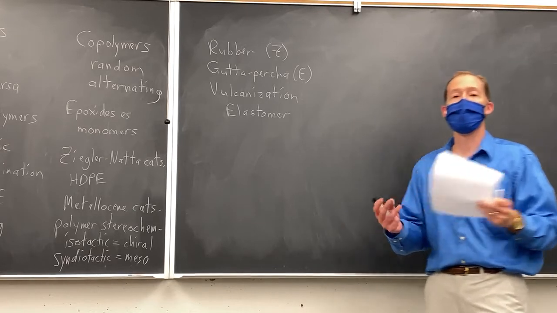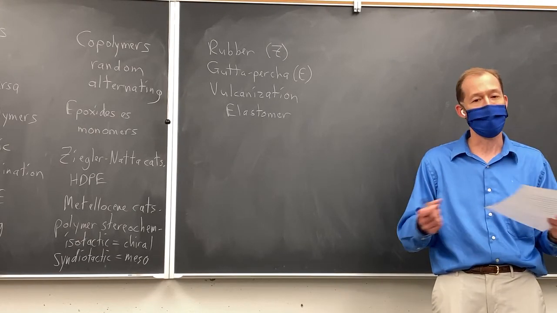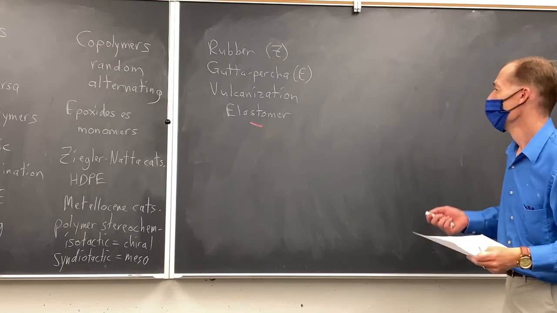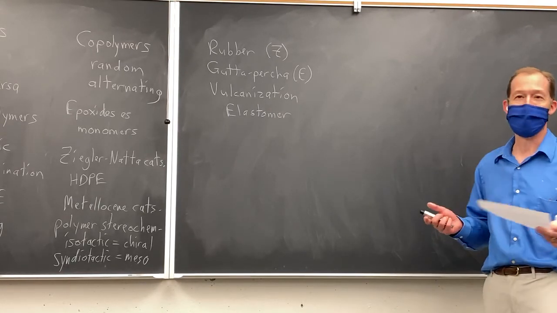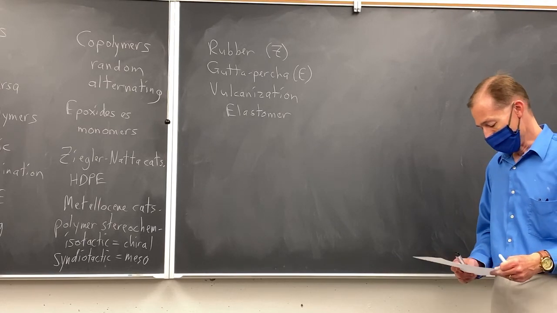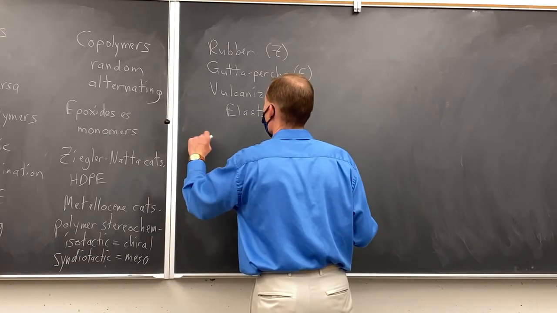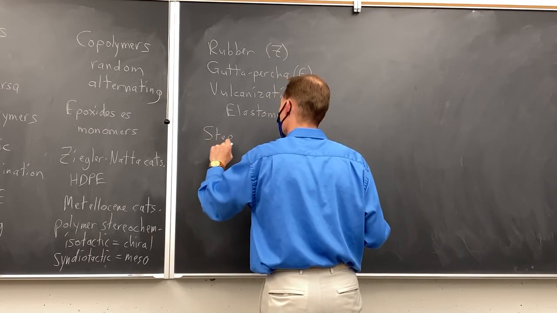An elastomer is going to stretch but return to its shape after the force is not applied anymore. So rubber bands, for example, would be elastomers because those are made from vulcanized rubber. Okay. All right, and then we will move on to step growth or condensation polymers.